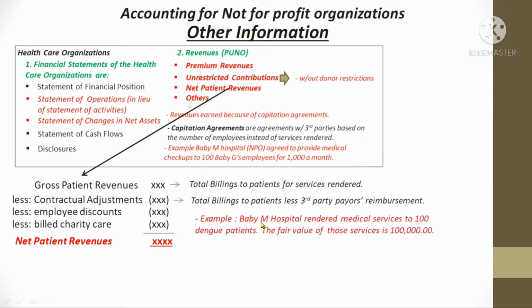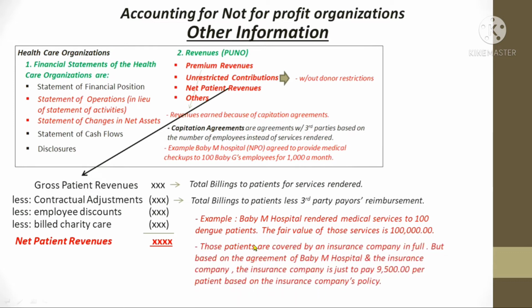So we have Baby M Hospital, an NPO, which rendered medical services to 100 dengue patients. The fair value of those services is 100,000. Those patients, in addition, are covered by an insurance company in full, meaning these dengue patients will not pay the hospital anymore because their bill will be answered by the insurance company.